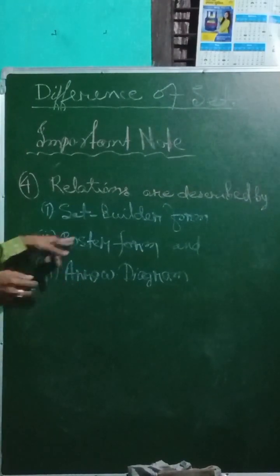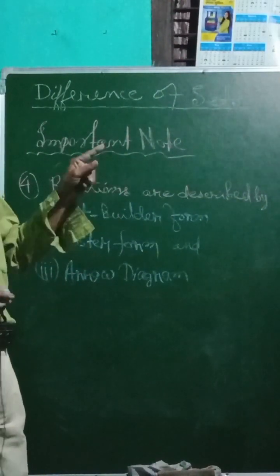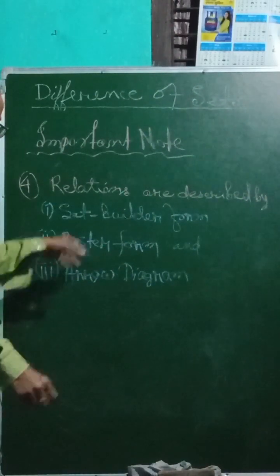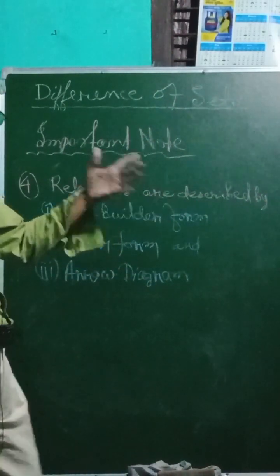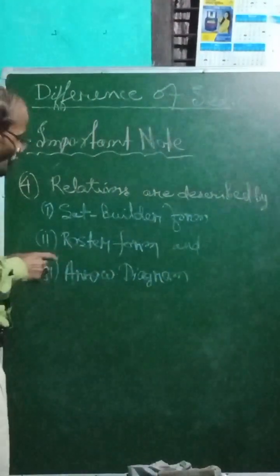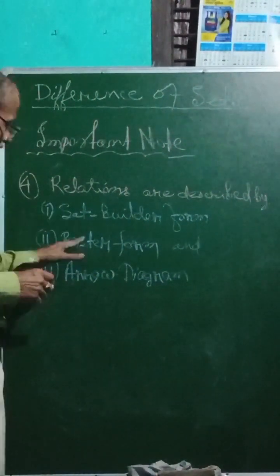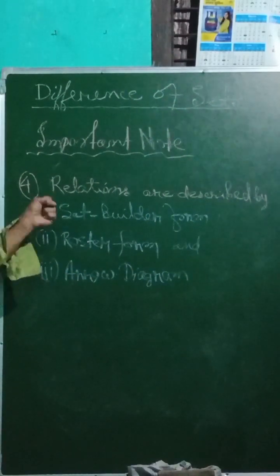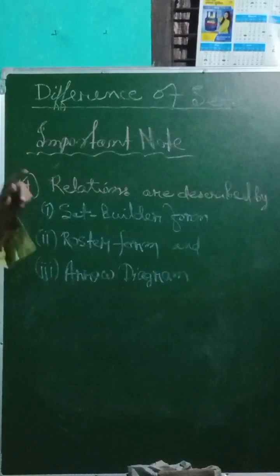And roster form, as you know from chapter 1, is in a list form, and set builder form also you have practiced in chapter 1. Still, we shall see how one is converted to the other, and very important, how we produce the answers.